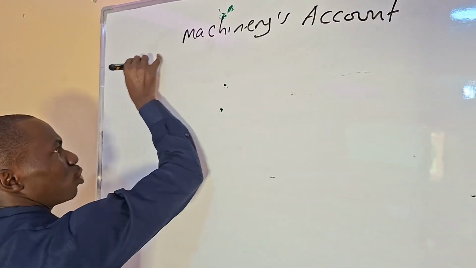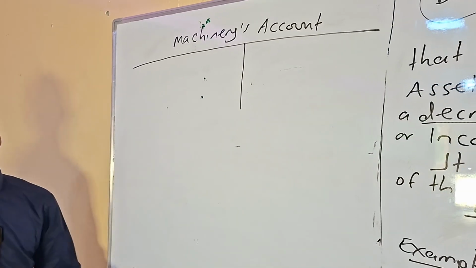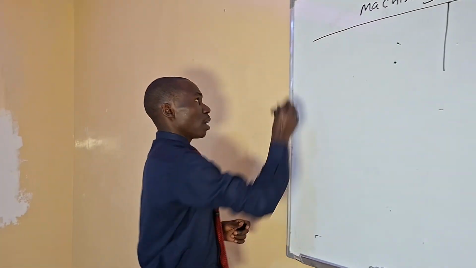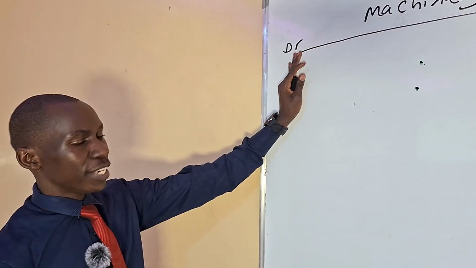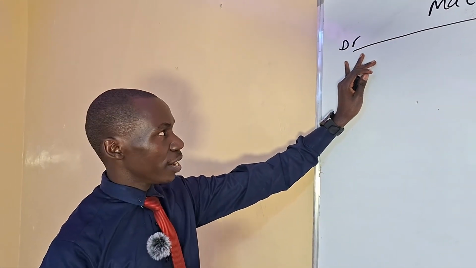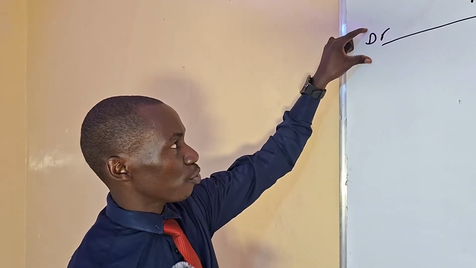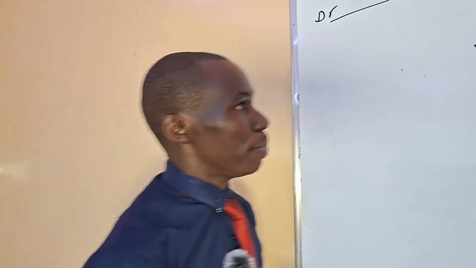Just use your T account. Everyone knows how to write T. You can't say writing T is hard; anyone can write T. But don't forget to put our abbreviations. DR: any accountant, anyone in the accounting profession, once they see DR, will know that is the debit entry or debit side. We will not say that is doctor. No, it is debit.